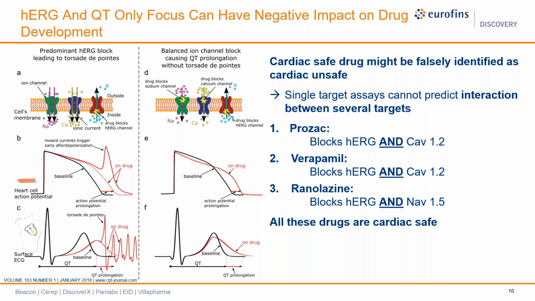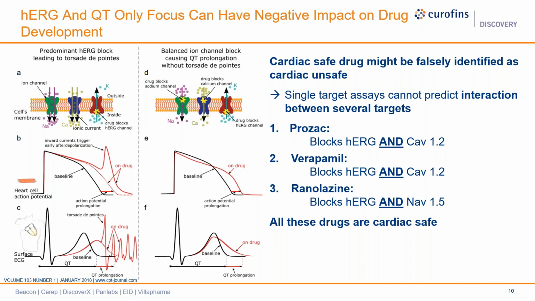And what has been observed is that when a drug, in addition to blocking the hERG channel, also blocks other ion channels such as sodium or calcium channels, you have a balanced ion channel block, which still causes QT prolongation, but it does not lead to arrhythmia. And here you can see a list of 3 drugs which behave exactly in this way.